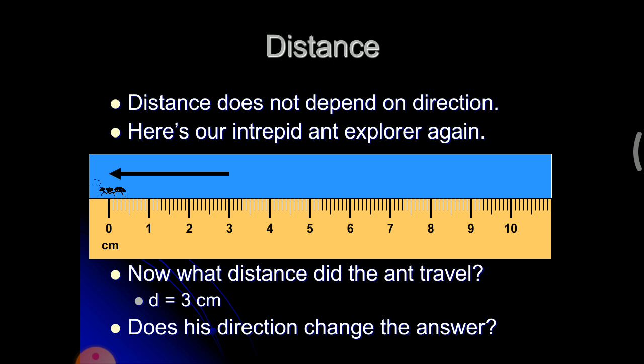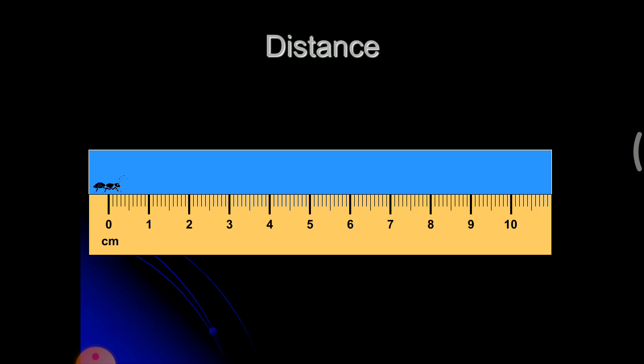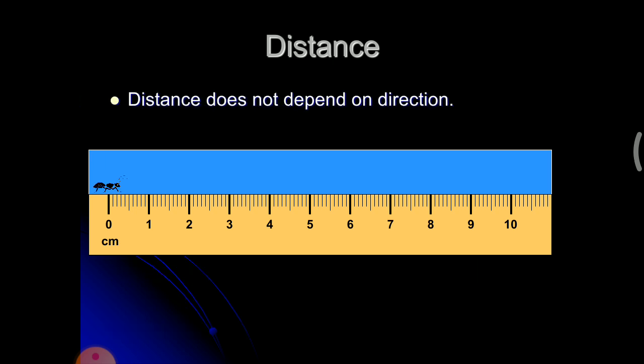In the first case, the ant travels 0 to 3. In the second case, the ant travels 3 to 0. So, does the direction change the value of the distance? No. In both cases, the distance is equal to 3 centimeters. Distance does not depend on direction.